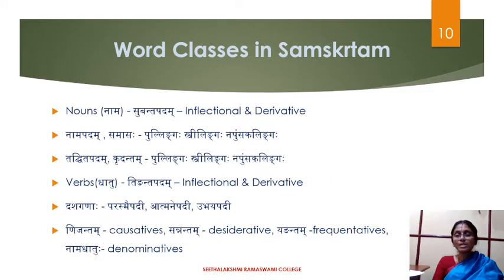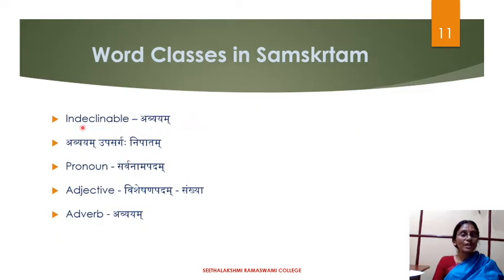You have all these classes here, and of course indeclinables, avyayas. Under avyayas you have avyaya, upasarga and nipata. Due to the functional differences we have these names for them, and pronouns also come under Subantas, Sarvanama padas, adjectives, Visheshana pada, and Sankhya means number. So number is also in a way an adjective. So this is also brought under here.